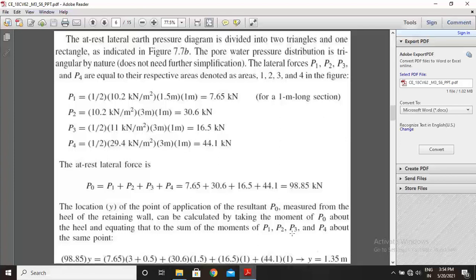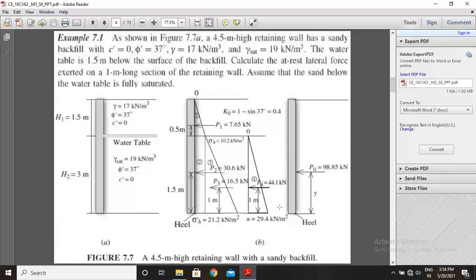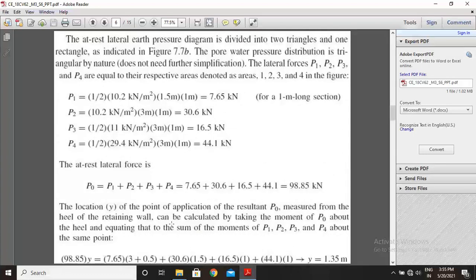Okay, so means now you take the moment with respect to this diagram. P0 into distance at the heel, this is the heel point, force into distance, this is clockwise, is equal to the summation of all that P1, P2 force with respect to distance. So that we have done here. P0 is 98.85 into distance, force into perpendicular distance, that is P0 into Y is equal to 7.65 into 3 plus half of the distance.